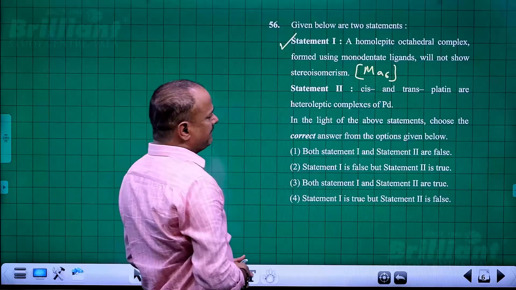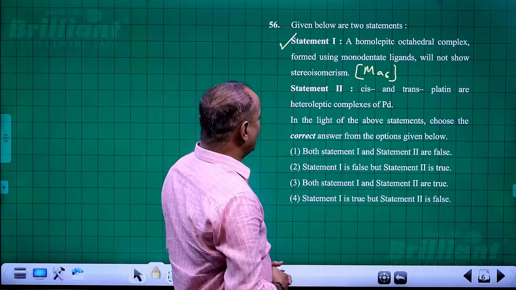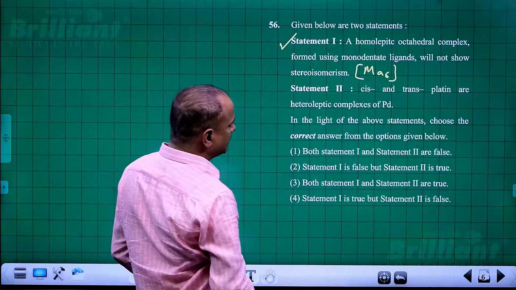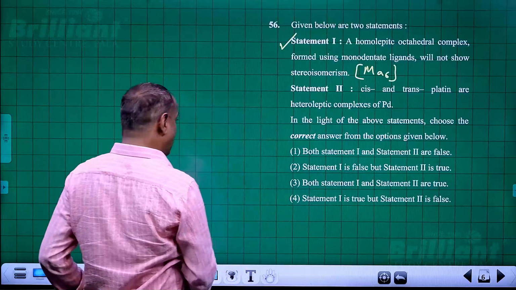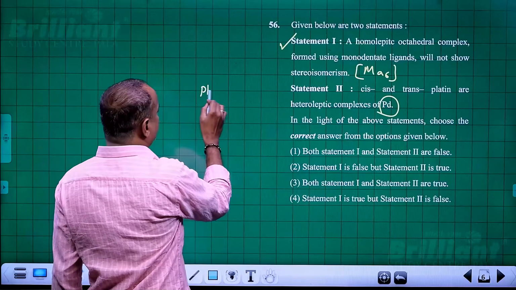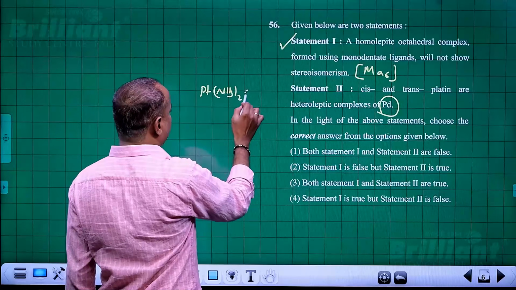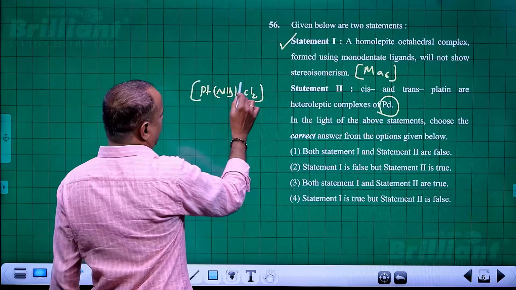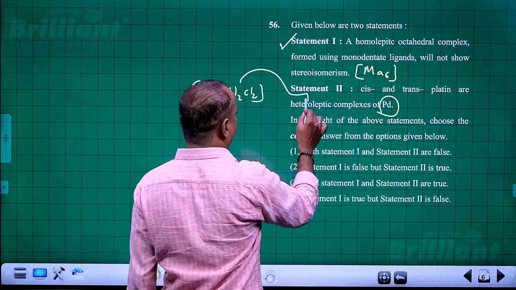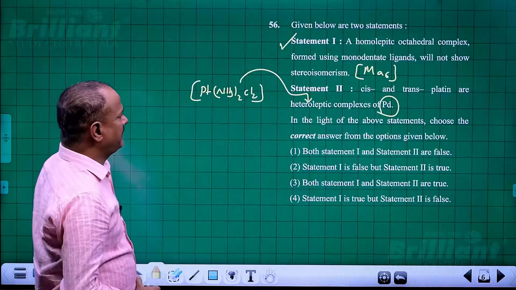Cis and trans platin are heteroleptic, not homoleptic complexes. It is platinum, not palladium. Pt(NH3)2Cl2 has two different ligands, which is called a heteroleptic complex. But it is platinum, not palladium.